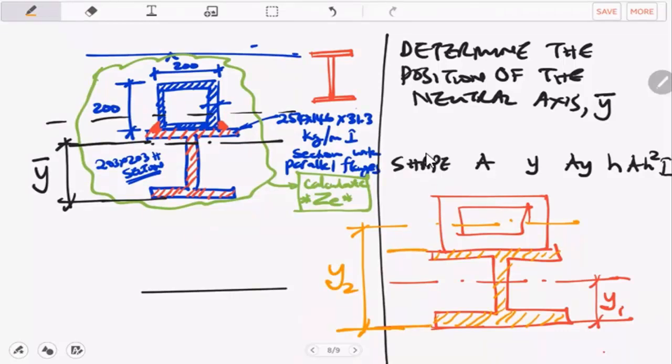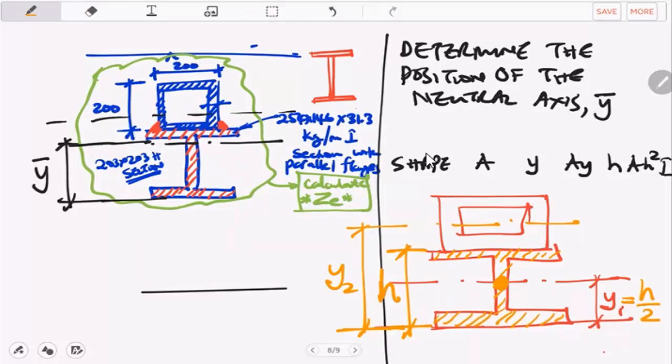If this is h, the height of the 254 by 146 section, it means y1 will be equal to h over 2. Why am I saying h over 2? Because it is symmetrical, so the centroid will be right at the center of that shape. Is that clear? Yes, sir.